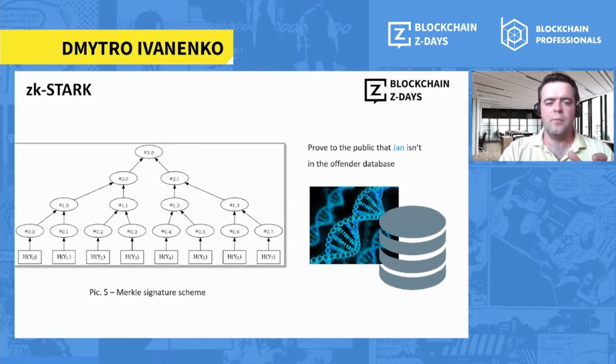For example, let's prove to the public that Jan is not in the offered database. For example, we have a database, and I need to check whether this information existed or not.